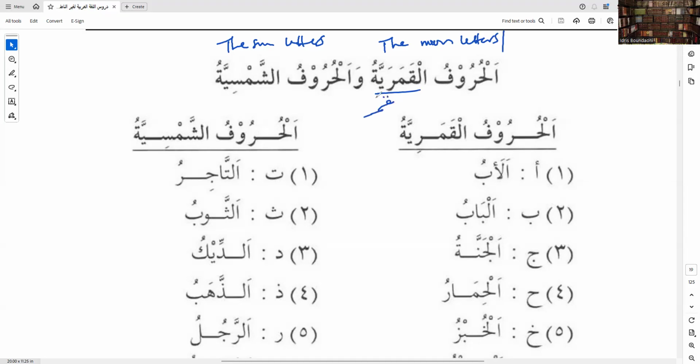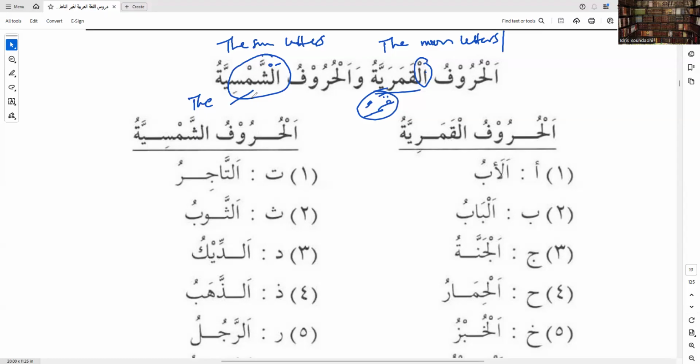Al-qamaru, as you know, is the moon. And then ash-shamsu is the sun. Now, because the word al-qamaru is having al, the Arab people said, okay, any word that behaves or has this kind of attribute, we call it qamariyya. And then if the word is ash-shamsu, the sun, any word that behaves like the pronunciation of shamsu, then we're going to call it shamsiyya. And that's how they got it.